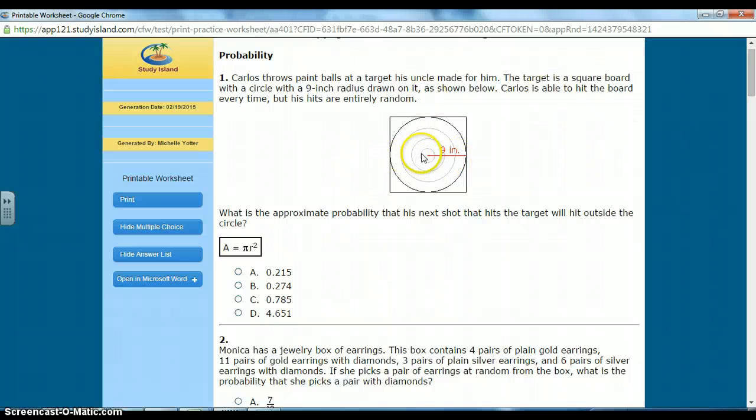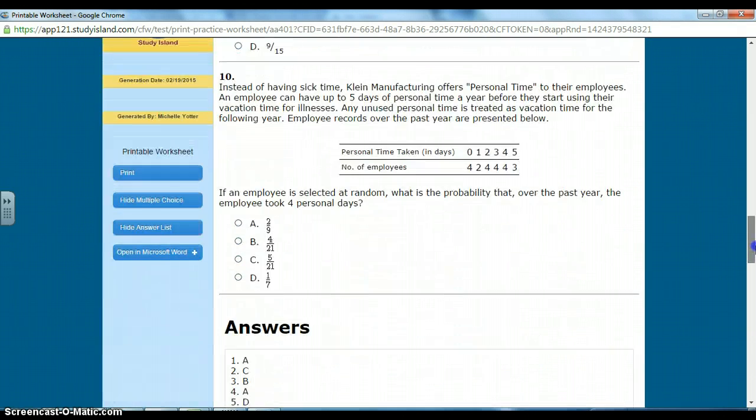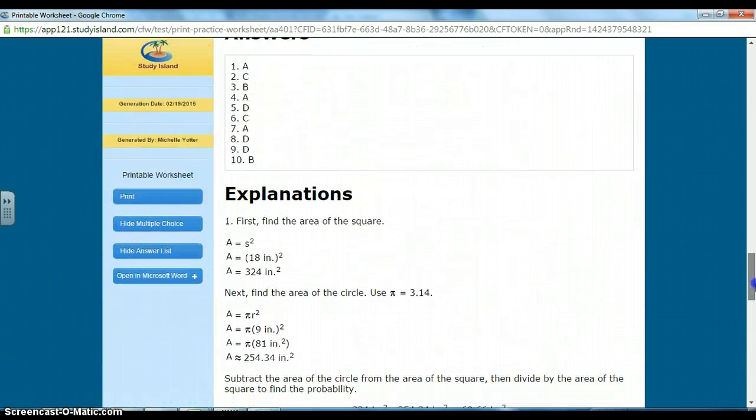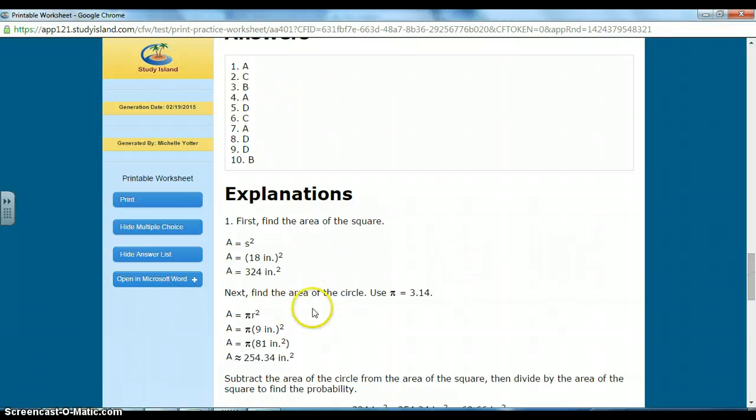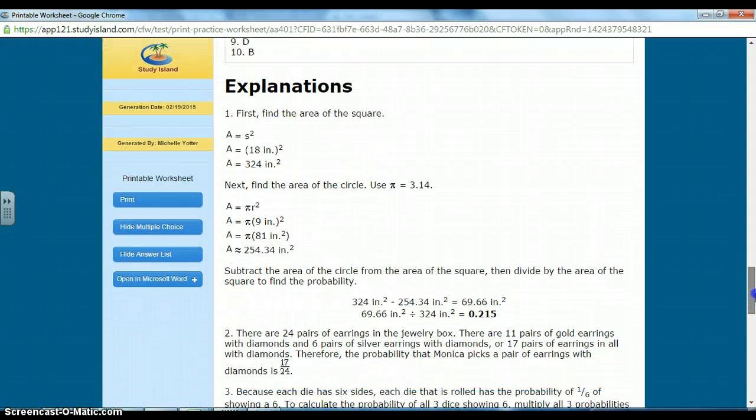So the area of the square would be 18 times 18, because one side of the square is 18, the other side is 18, and that comes out to be 324. Then you find the area of the circle, which they put the formula on there, and that comes out to be 254. So then you subtract them from each other.